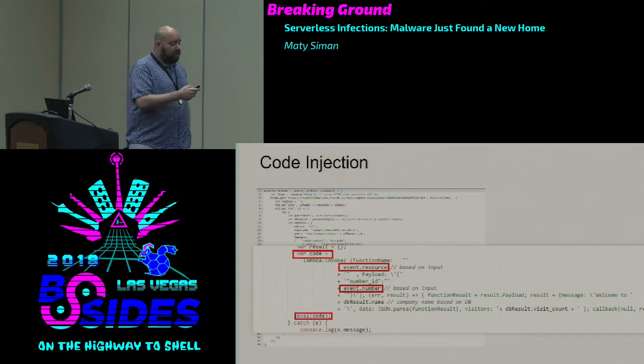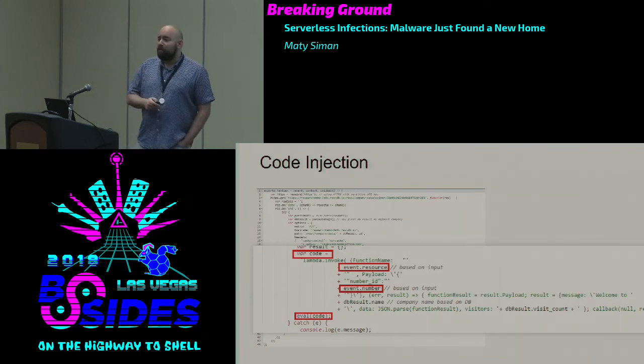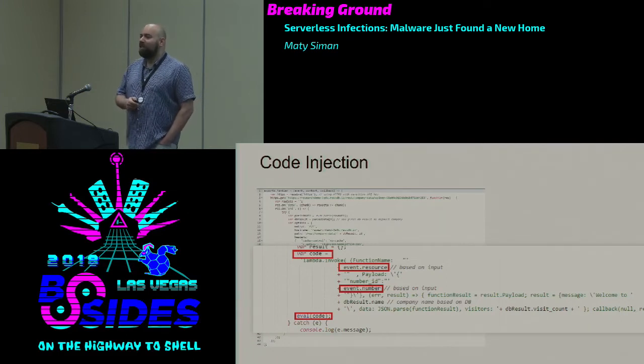So this is the code. The code of main just parses the URL, takes the resource and the number, concatenates it together, and then uses eval. Most of you should cringe right now, and it makes perfect sense. Most of you also know that this is extremely common out there.